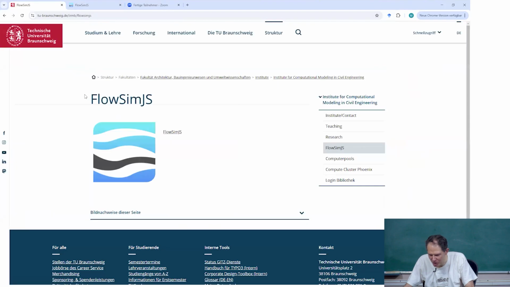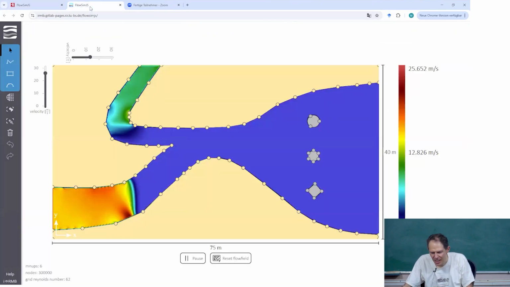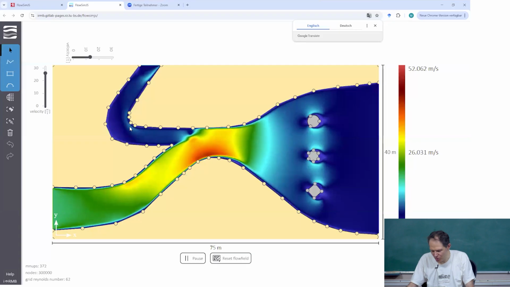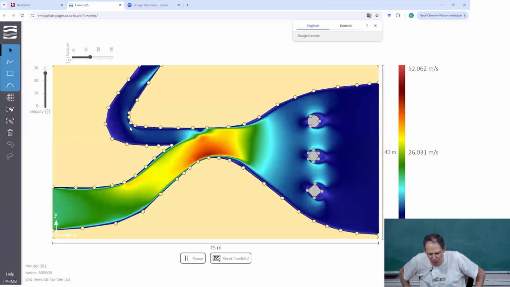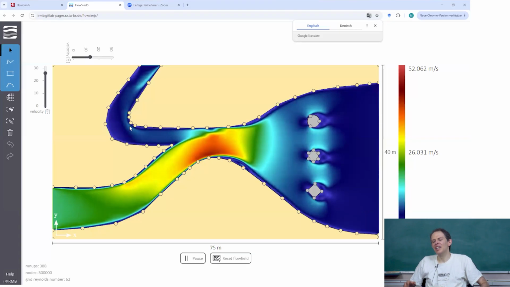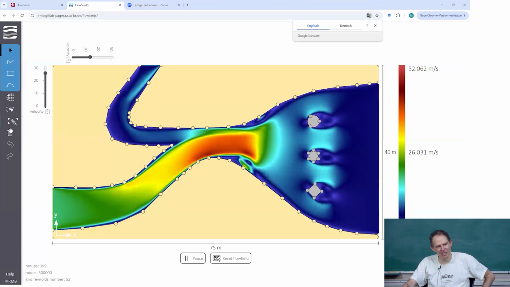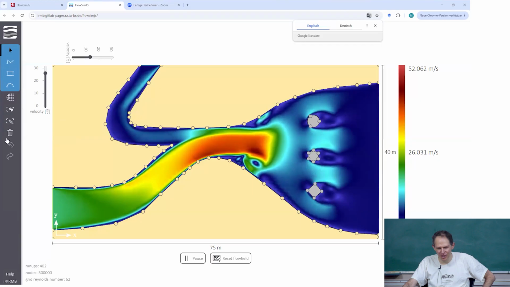On our institute website, we have a link to a simulation demonstrator that's called FlowSim.js. I've already opened it here. It is something that my students wrote, and this is using lattice Boltzmann, and this is running in the web page on your GPU. So it's using WebGL to do the simulation.